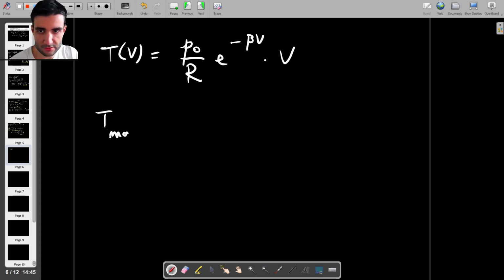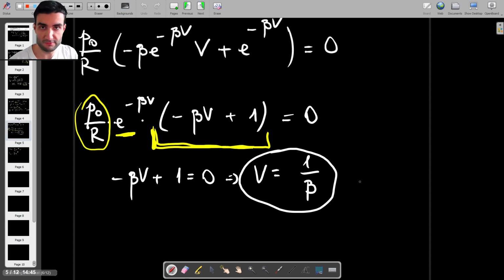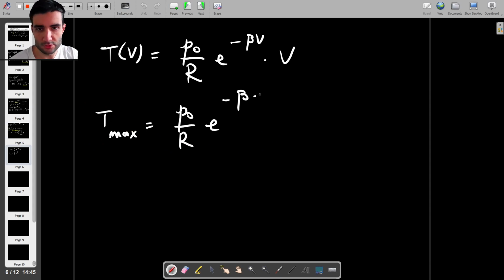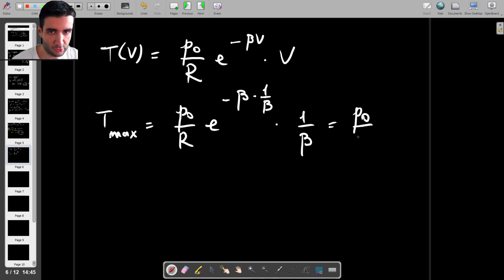And the maximum temperature is going to be P naught over R times e to the minus beta times, and instead of V, I'm going to write the V that corresponds to the maximum, which is 1 over beta, and then times 1 over beta, like this. So that's P naught over R e to the minus 1, times 1 over beta.